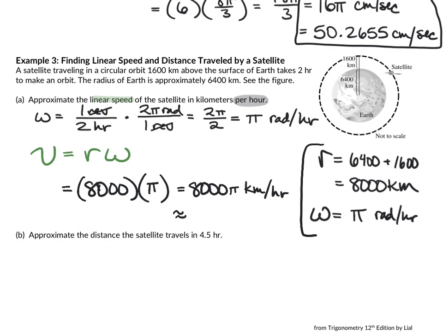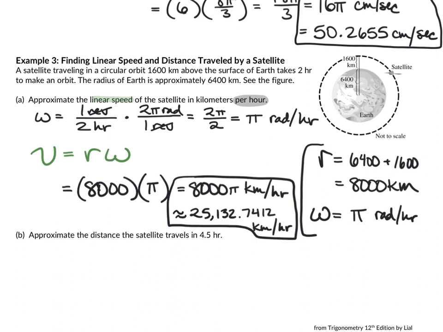Or if you multiply that out, it is 25,132.7412 kilometers per hour. That satellite is booking it, which makes sense because they're moving really fast out in space. I hope they're moving fast, or else they will fall into gravity and all that business. Science, baby. Okay.